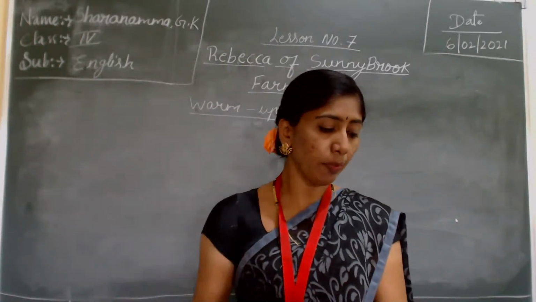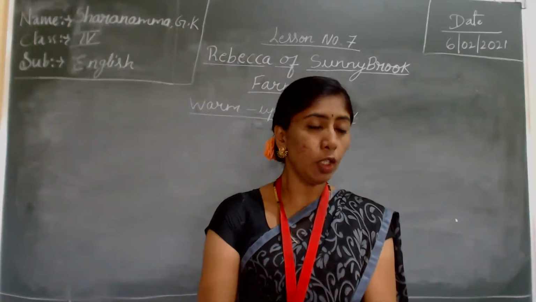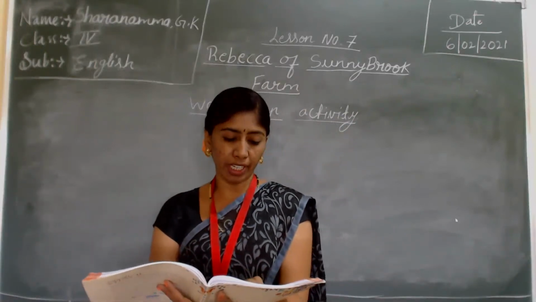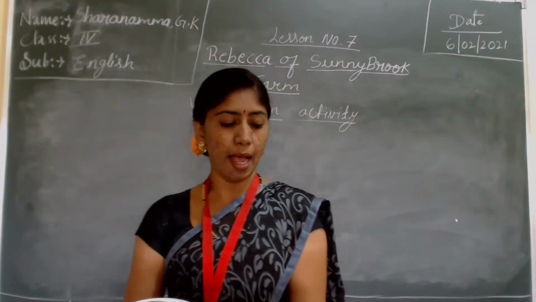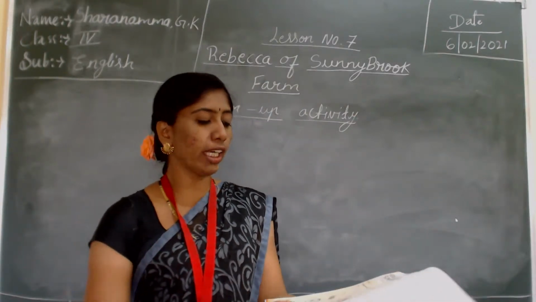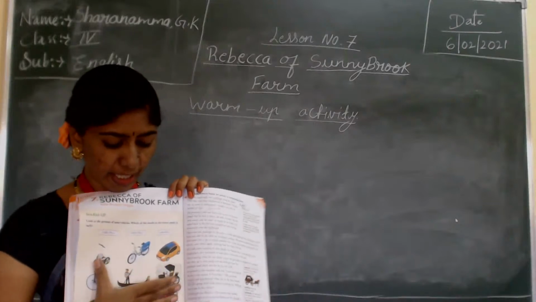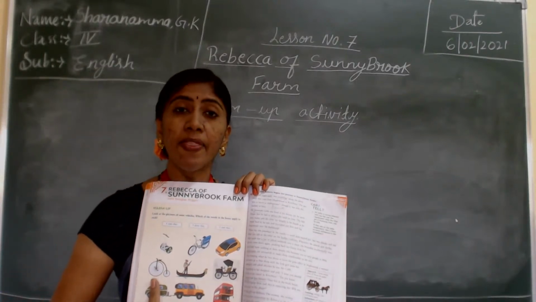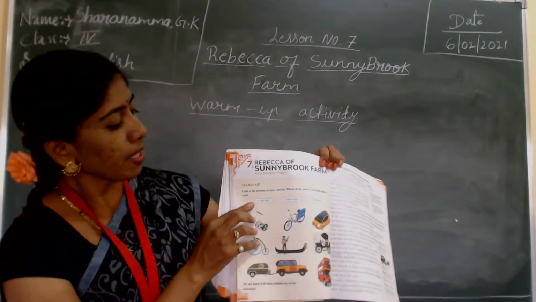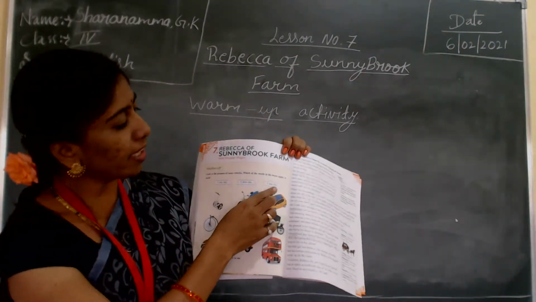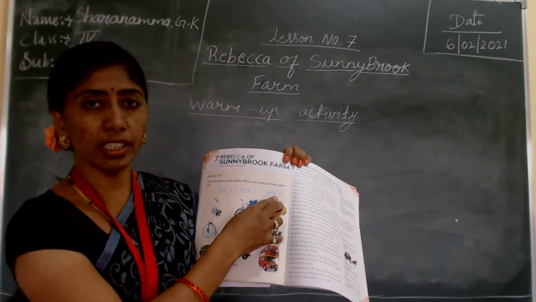Here, they gave some questions. Look at the pictures of some vehicles. Which of the words in the boxes apply to each? Here they have given some pictures of the vehicles, and above they have given: I ride this, I drive this, I row this.